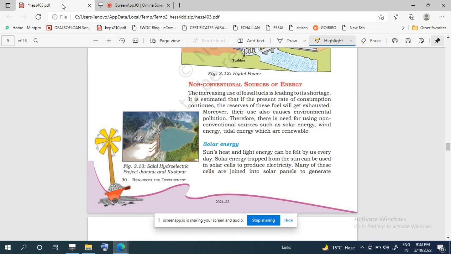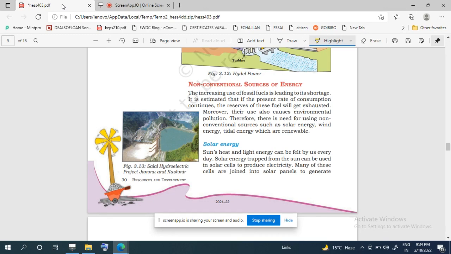First of all, that is why we need to explore new sources of energy. And another thing is that when these fossil fuels are burnt for the purpose of generating energy, they emit toxic gases in the atmosphere, and that is why we need another source of energy, and that is called non-conventional source of energy.